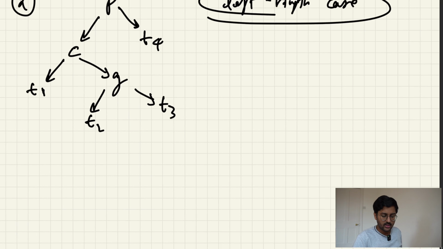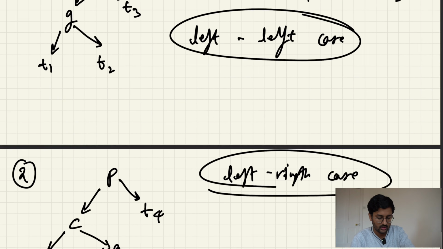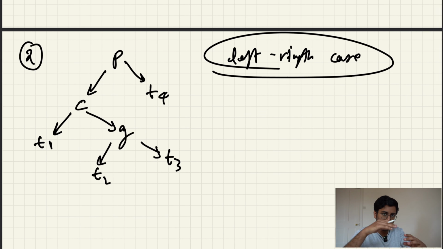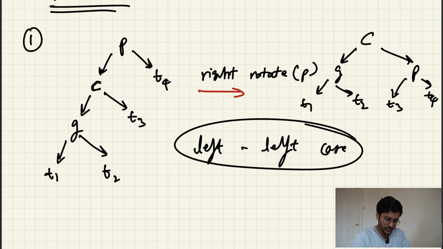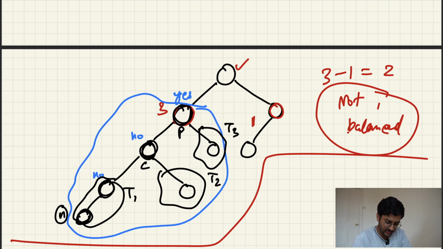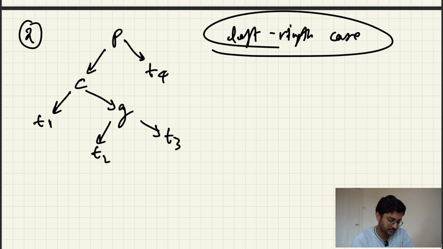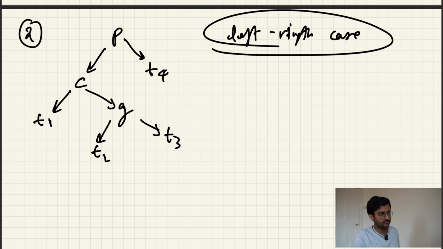Your motivation is to convert the tree into a single line. This parent, child, grandchild, right? Convert it into a single line. That should be your motivation, because then you will be able to rotate and make it balanced. So here you can see in this case, single line, parent, child, grandchild. Similarly, you can rotate. But here you can see it is not in a single line, it is zigzag. So I'm going to first make it into a single line. To make it into a single line, I start from the bottom, and I will put G over here.